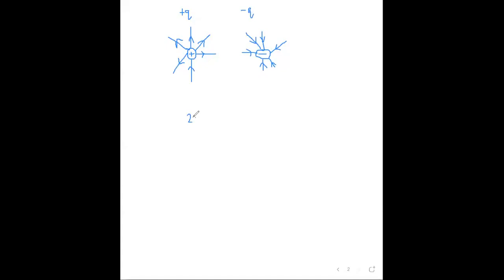Sometimes you'll have 2Q, 3Q, all the way up to nQ, and nQ just represents any of the numbers, ranging from negative infinity to positive infinity, and that's all the values.